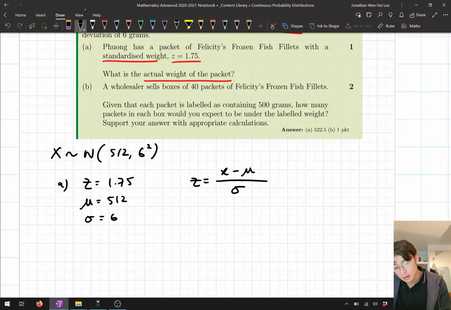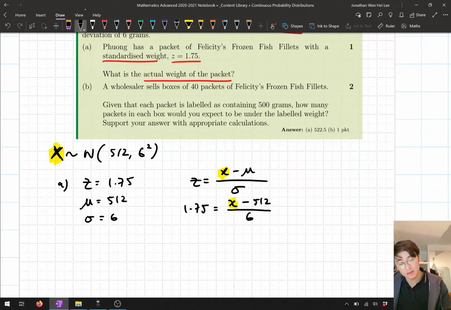I know Z is equal to 1.75 and I want to find the value of x. X in this scenario is the actual weight of the packet, because I know that my random variable x is just the weight. So x is my weight that I don't know about, minus mu, which is my mean, 512, and divide that by the standard deviation, which is 6.